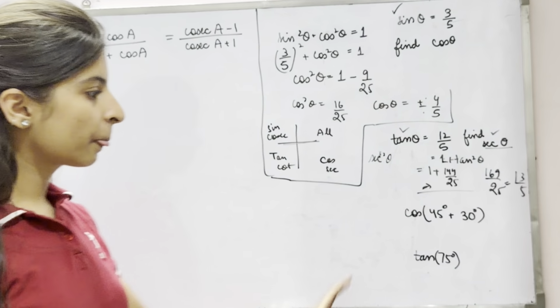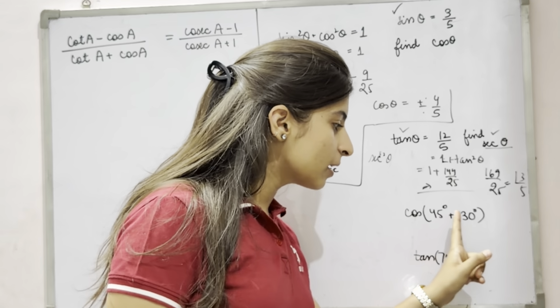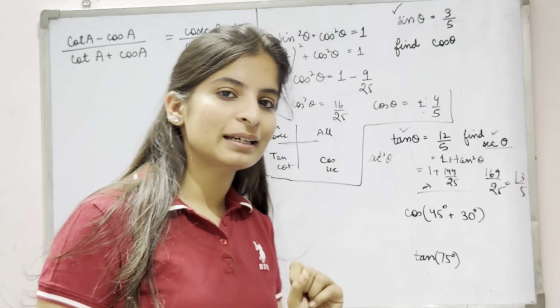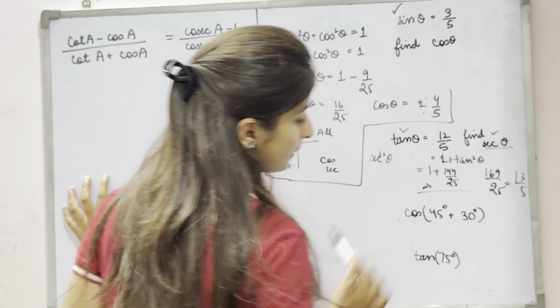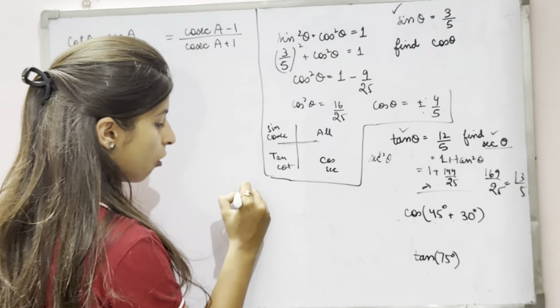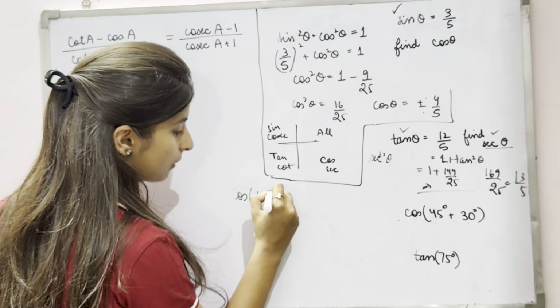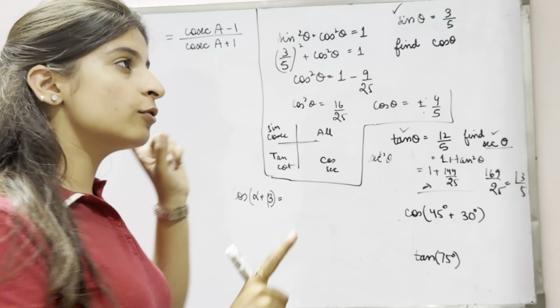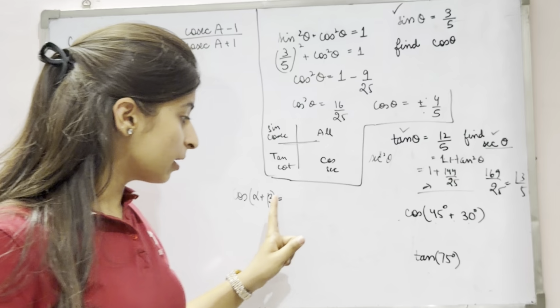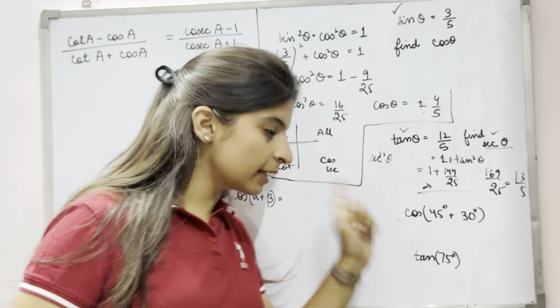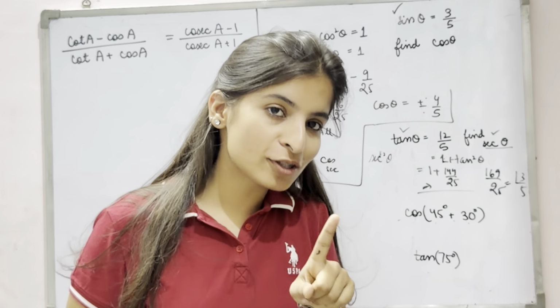Now next: cos 45 plus 30. This is your sum and difference identities. Cos alpha plus beta. One thing I know: cos frames the pair, so cos alpha cos beta, sin alpha sin beta. Does cos follow the sign?